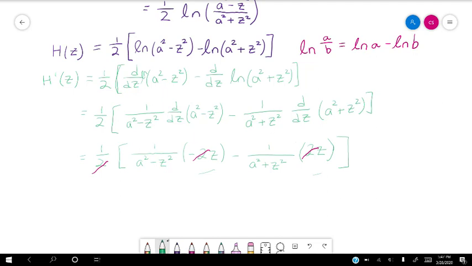All right, so now what do we have? So equals then, we have negative z over a squared minus z squared, and then minus z over a squared plus z squared. Okay, and then that's fine.